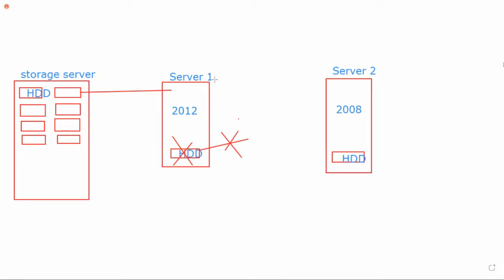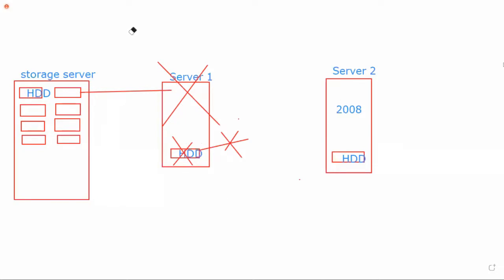So now, if for some reason this goes down, if you install internally, we cannot access the internal hard disk from any other server. But since now the location is outside, in a common place where anyone can access, this is 2008.